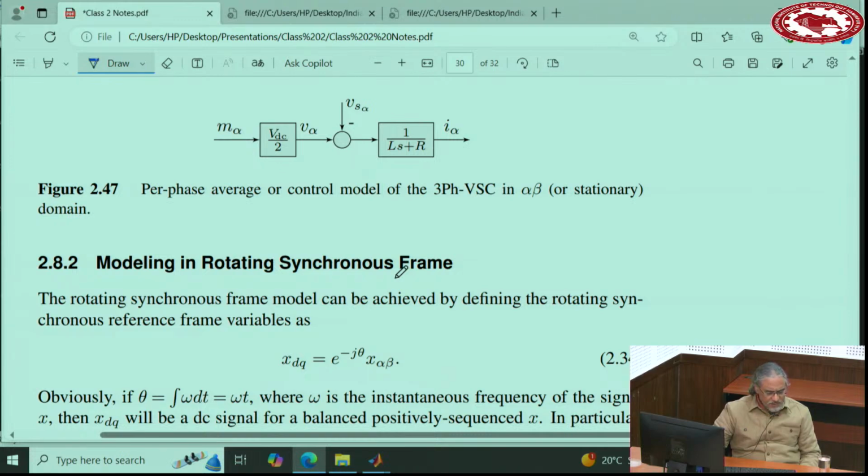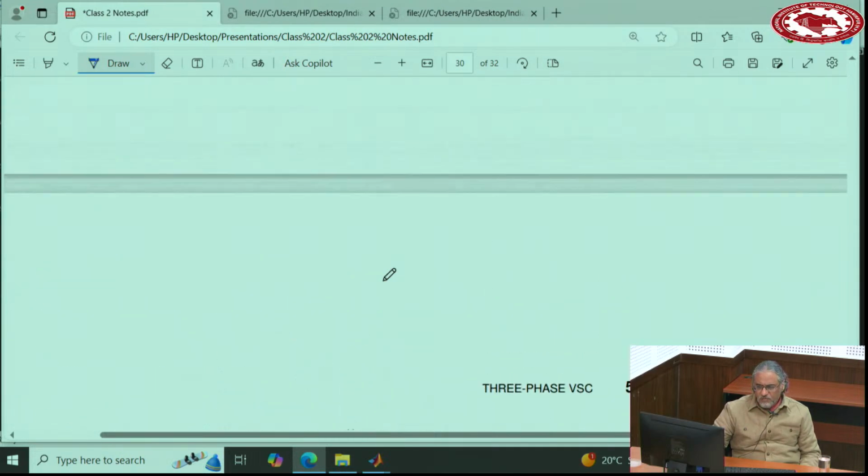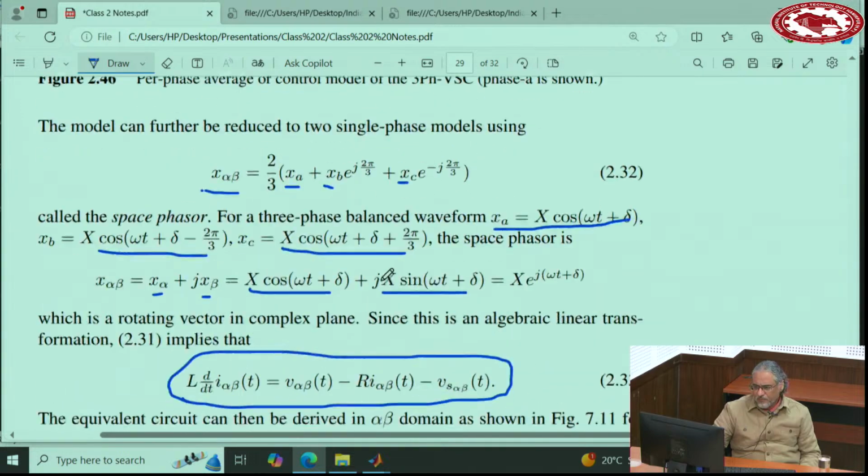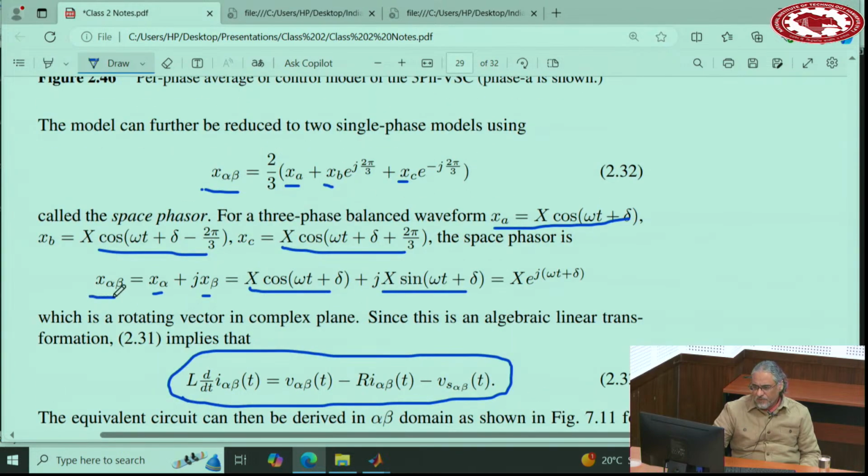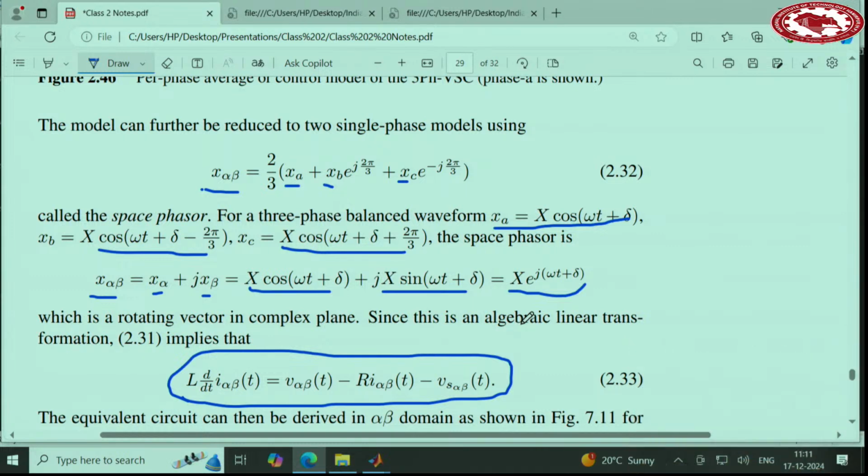The idea is, if you look at this X alpha beta here, which is this plus this one, and using the Euler equation, that's x e to the j omega t plus theta. What is this? This is a vector which has magnitude x and angle omega t plus theta. So it's rotating. It's a phasor which is rotating. For that reason, it's called a space phasor.